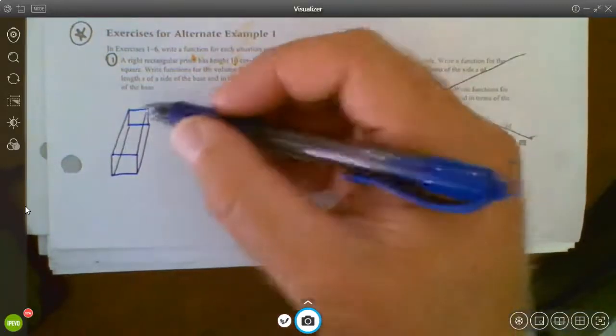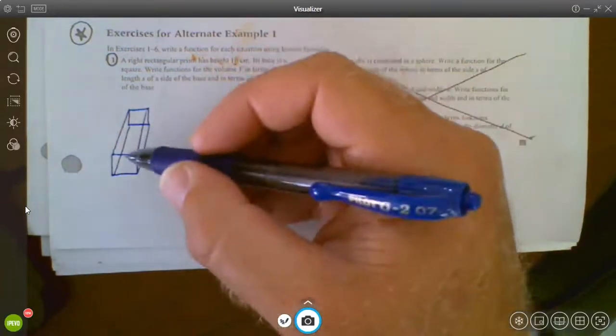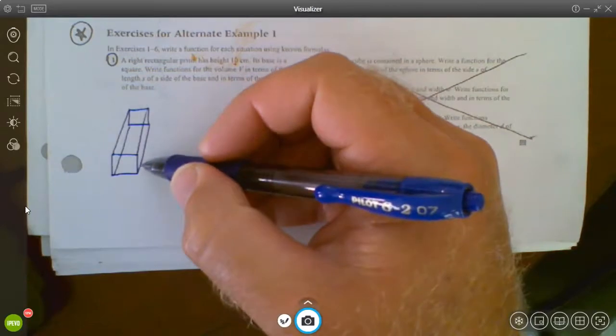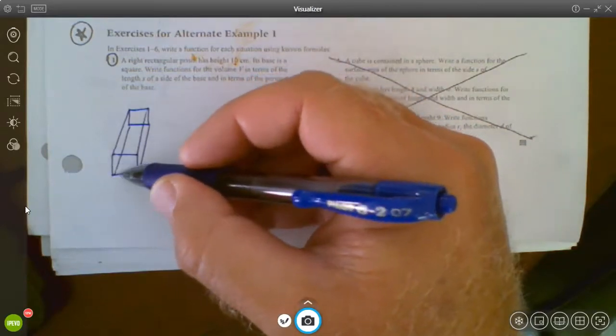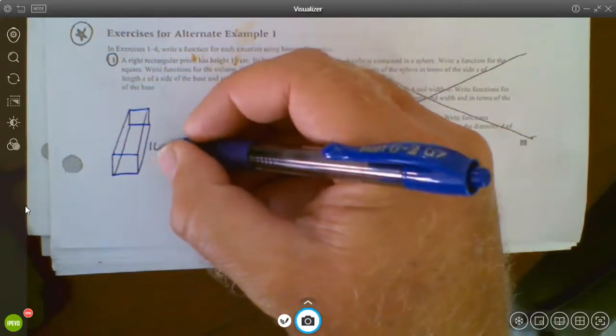Okay, so we have our right rectangular prism. The height is 10, so I'm seeing this as the bottom, the top, and so here's my height right here. And so this is my square base. And so my height is my 10.